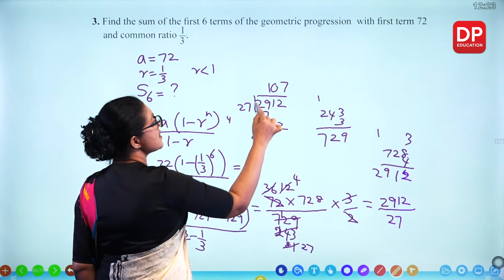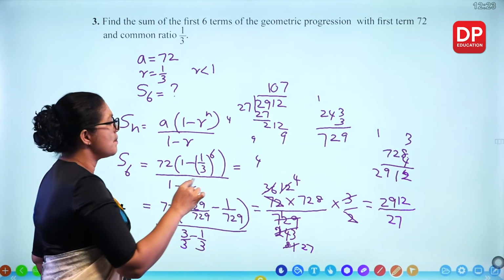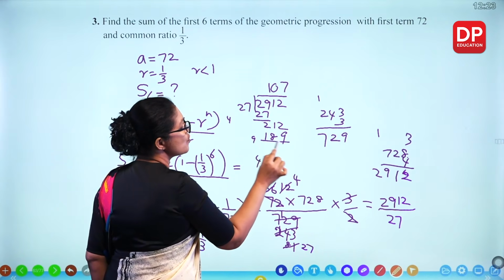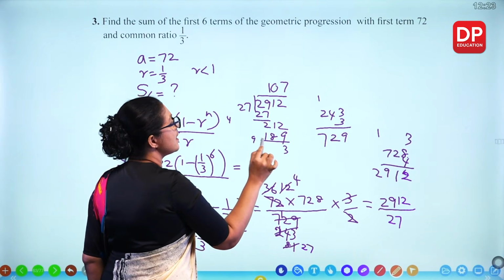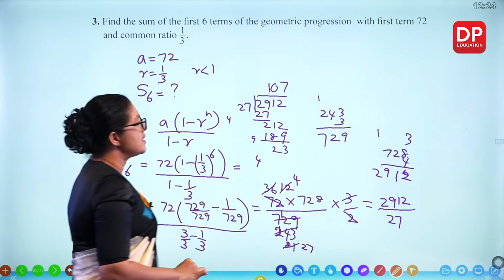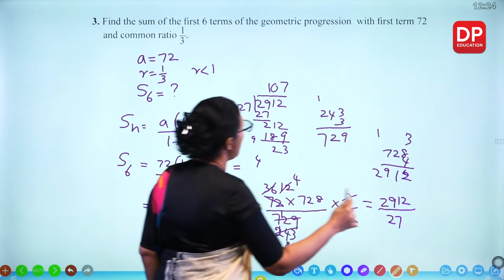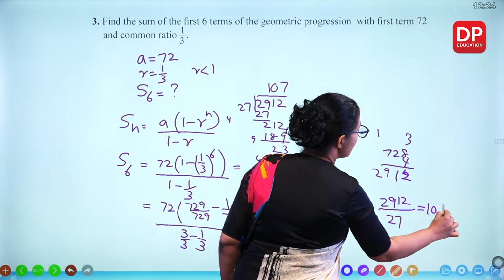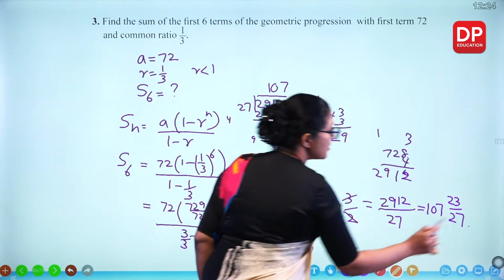That's 7. 7 times 7, 49. 7 times 2, 14 plus 4, 18. When you subtract, so 23. So you can write as 107, 23 over 27.